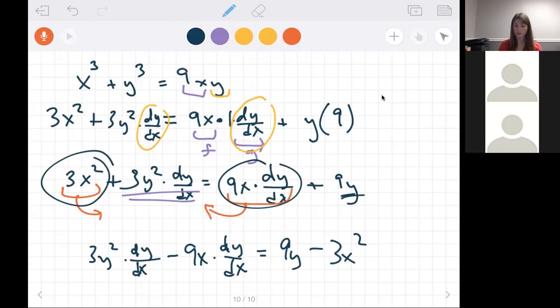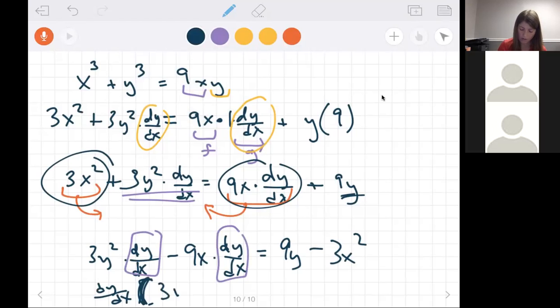Okay, so some rearranging, and then we're going to use a technique of factoring out our dy/dx. So here's your dy/dx. Factor it out. And we could use parentheses or a bracket, doesn't matter.